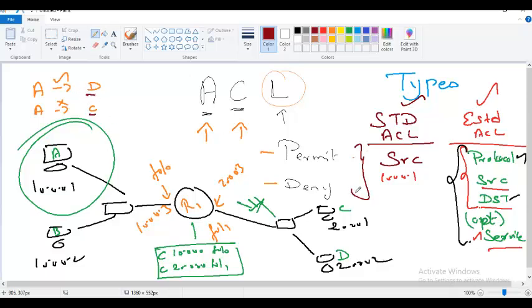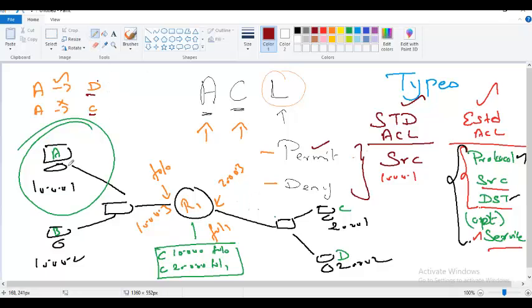When the destination changes, the policy changes. When the destination is D, I want to say permit. When the destination is C, I want to say deny. So in that case, you will use extended access list.